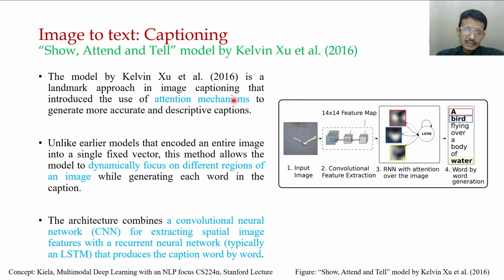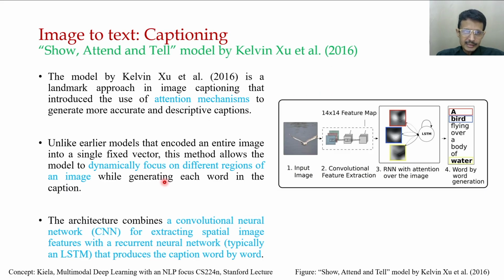Because attention is a kind of mechanism which selectively puts priority on parts of the input modality. Let us say if it is a sentence, it will put emphasis on some words, not all words. But if it is an image, it puts emphasis on some patches or some objects rather than the full image.